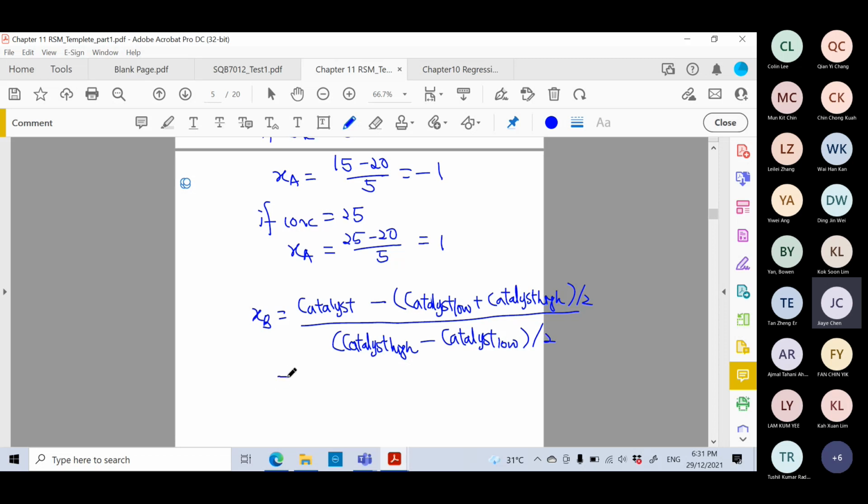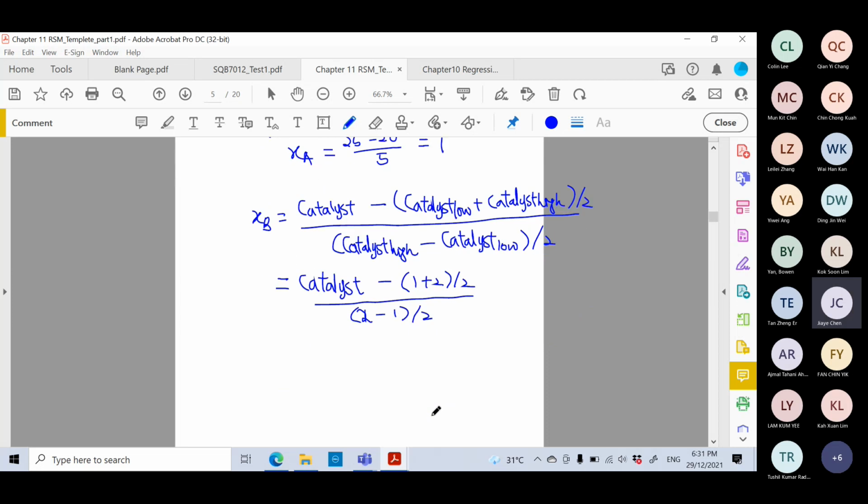So therefore, for the XB, you have the catalyst minus away, because the low level of the catalyst is 1 and the high level of the catalyst is 2. So 1 plus 2 divided by 2, divided by 2 minus 1 divided by 2.